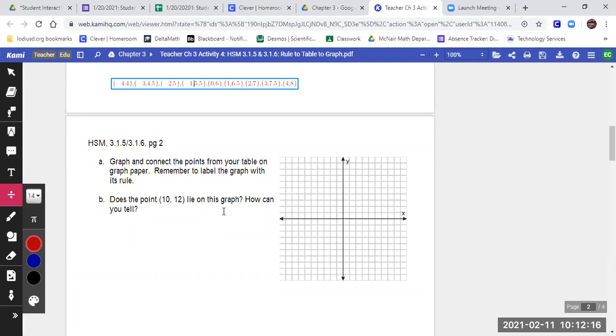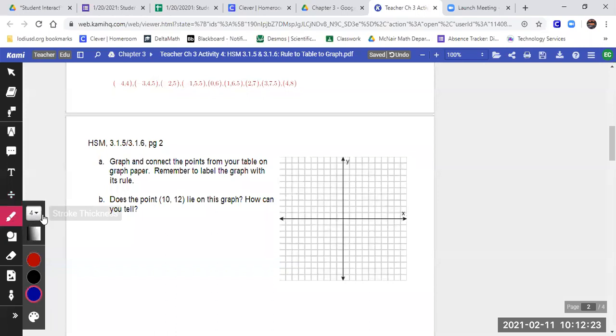Are my y's going by ones? Look at the y numbers. Are those going by ones? Look at the second numbers.